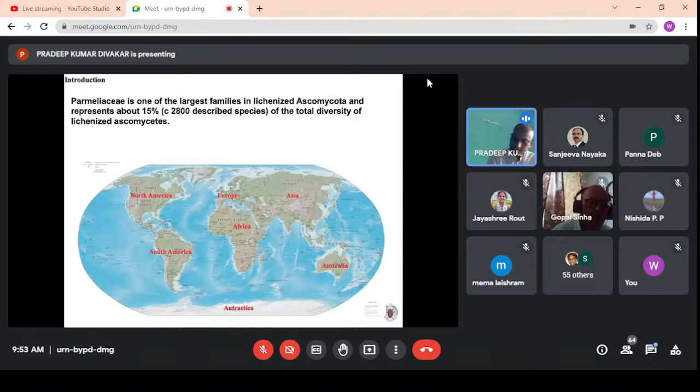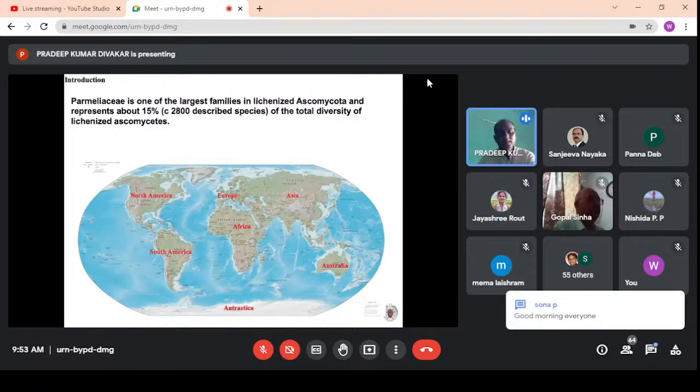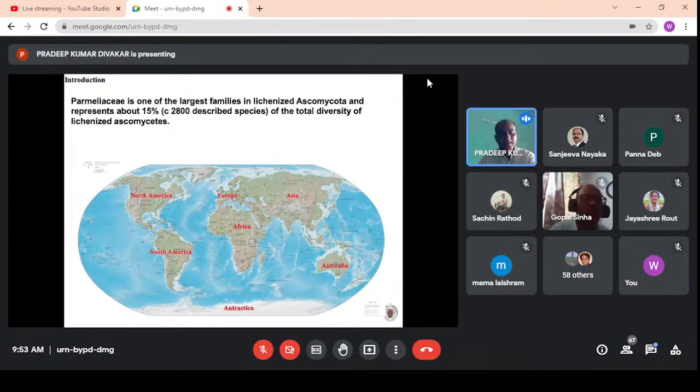Why did I select the Parmeliaceae as a model system for showing the application? For two reasons. First, this is one of the largest families in lichenized Ascomycota and represents about 15% of the total diversity of lichenized Ascomycetes, and it is widely spread. It is distributed around the world, including Antarctica, which allows us to address questions related to biogeographic distribution.